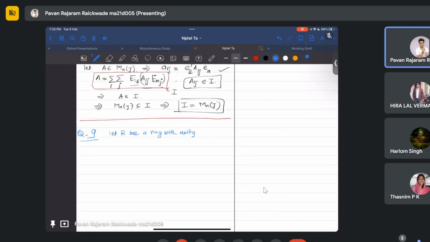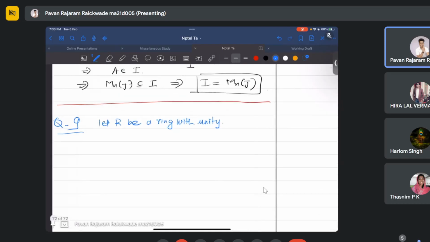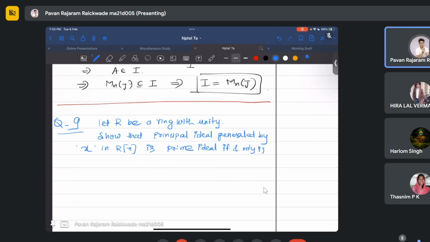Show that the principal ideal generated by X, X is a polynomial, right, in Rx, is maximal or is prime ideal if and only if R is an integral domain.